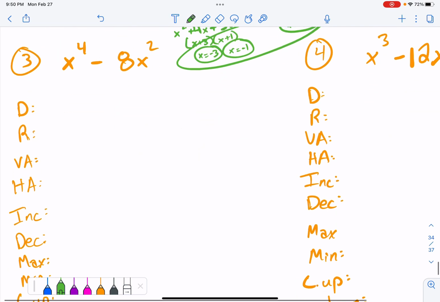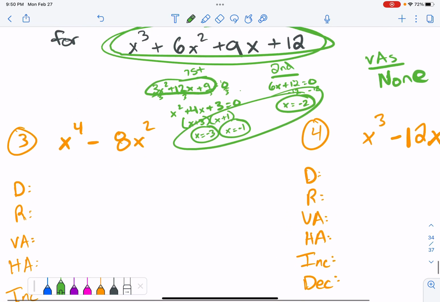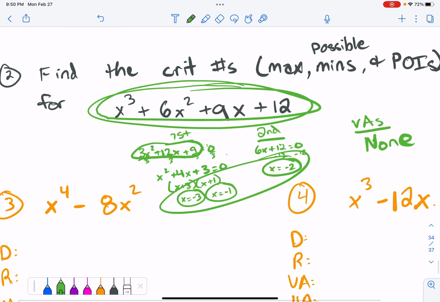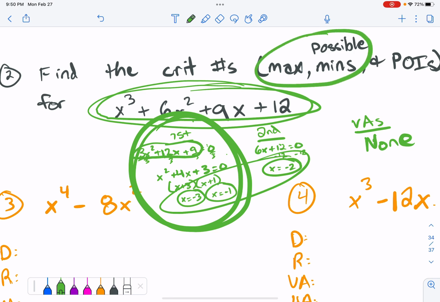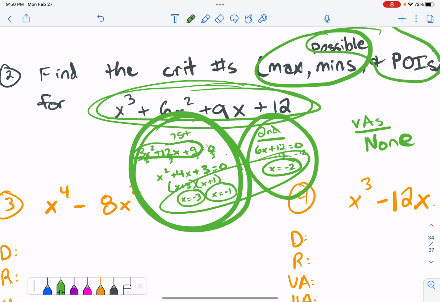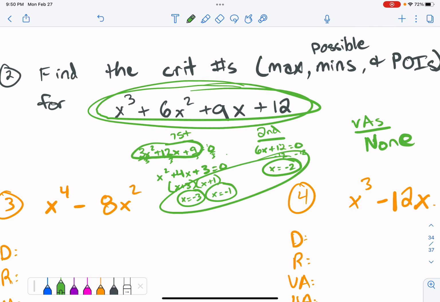We're going to do that later on down here for a couple problems, but just for now, the critical numbers, just finding those. These two right here, the -3, -1, those are possible maximums and minimums. This guy is just going to be possible POIs, because that's where first derivative is max min, second derivative is POIs. So there is all of that good stuff.